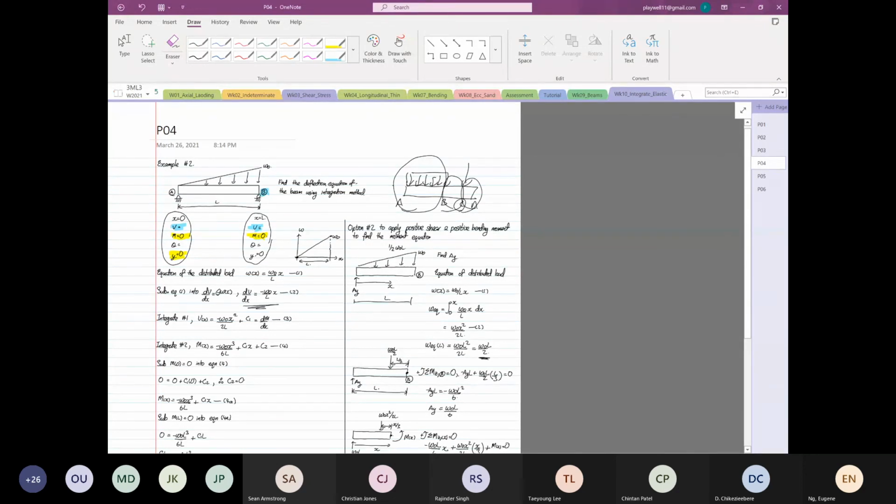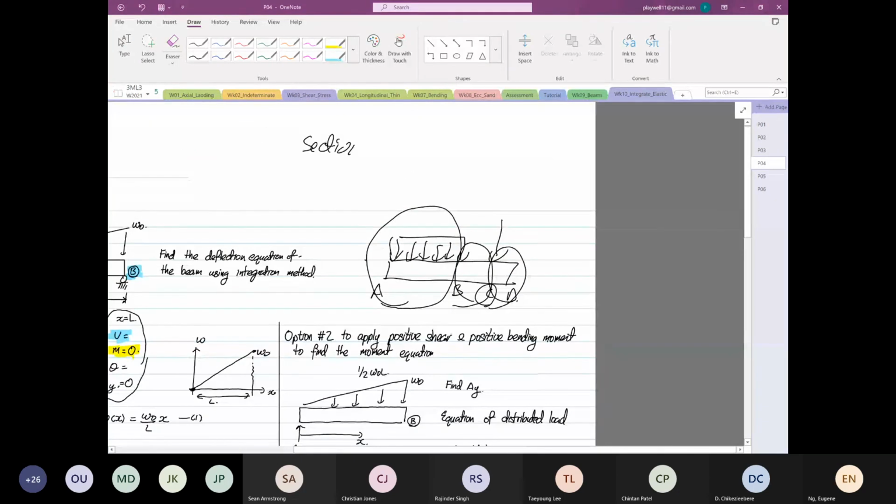Remember, we form functions in each section, A to B, B to C. Then we form our V as a function of X and M as a function of X. Each of them has a different function.